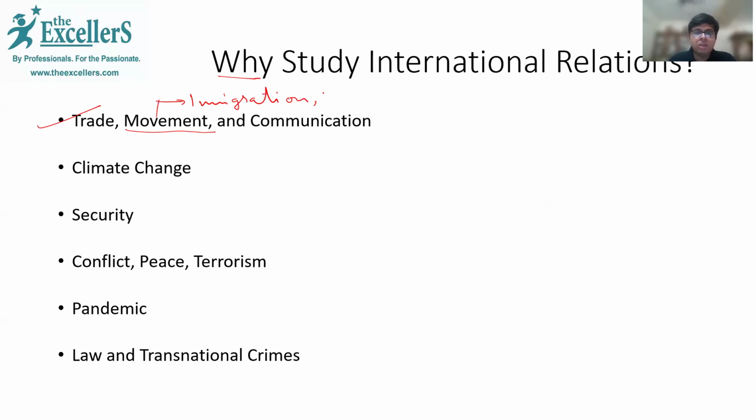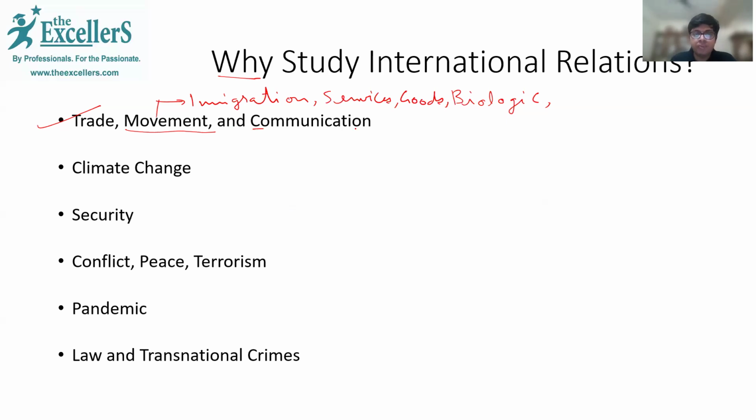Then it can also refer to services, then goods. Then it can also refer to biological movement. Then change in weather patterns, migratory animals, all those things do come into international relations, because at the end of the day, it will alter the local geographies as well.